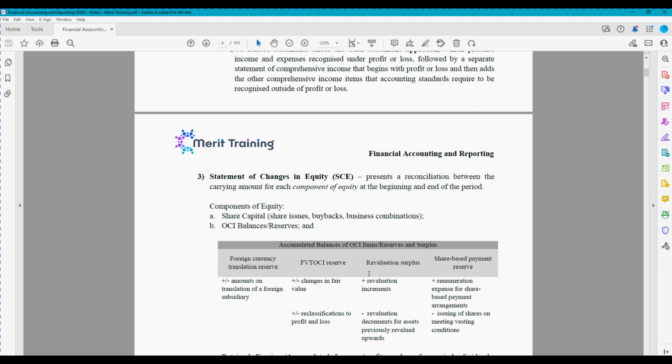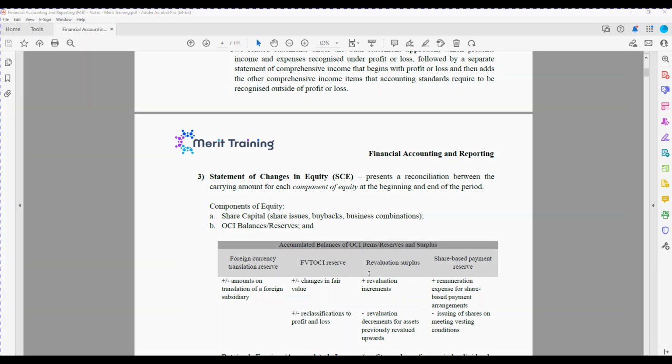The other side of that is probably going to go to your FVOCI reserve, which is your fair value through other comprehensive income reserve. There's no cash associated with this, it's basically just a balancing to one side of the accounting journal. And the reason for this is because we haven't actually sold the asset yet, but we're revaluing it upwards. So the other side needs to go somewhere. Well, it's going to go in equity because eventually when we do sell that, it's going to come out of that reserve and go back to shareholders through either retained profits or dividends, both of which are equity accounts.